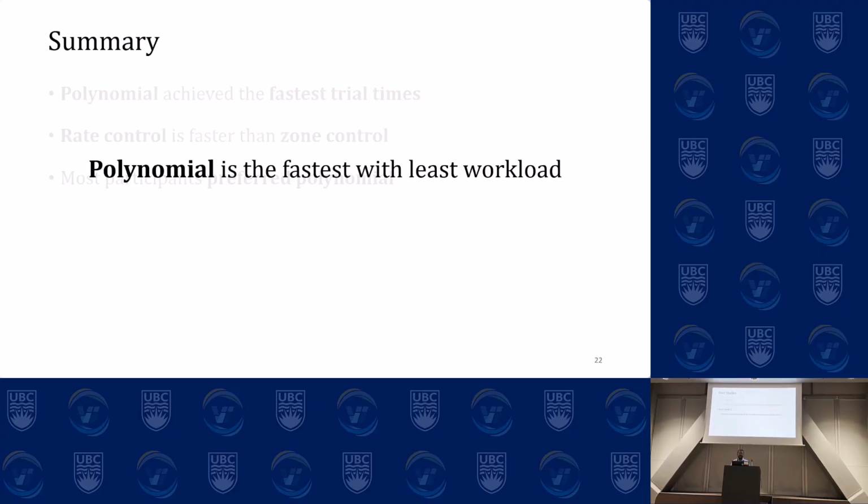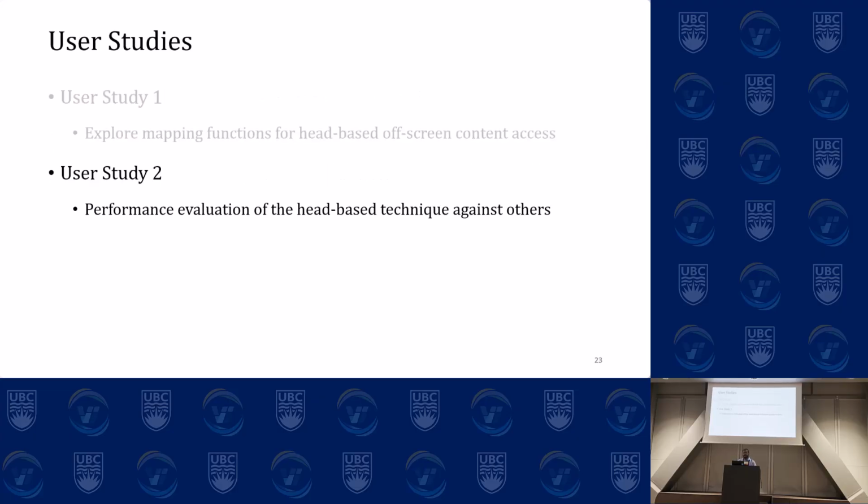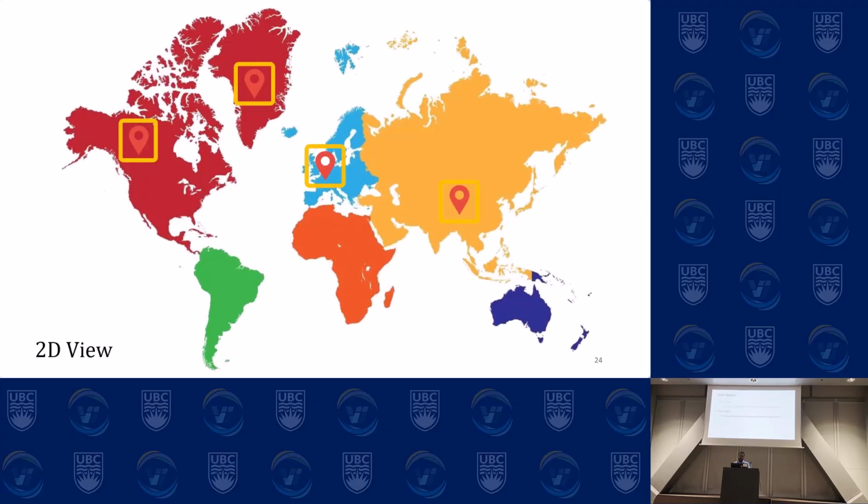For our second study, we moved from an abstract task to a realistic map navigation task. We wanted to see how our best performing head-based polynomial technique actually compares against standard techniques. In this study, we consider a map navigation task where participants had to access 4 country markers that contain their corresponding population information.